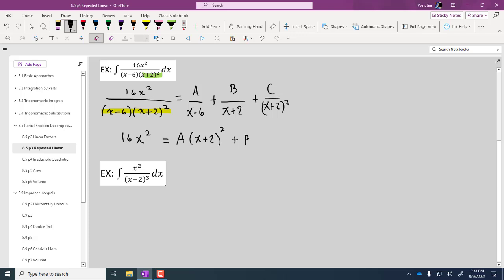So we'll have b multiplied by x minus 6 times x plus 2. And when that yellow block multiplies to the third fraction, the only thing remaining is the c and the x minus 6. So there is our PFD equation.